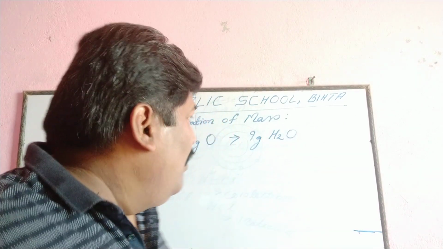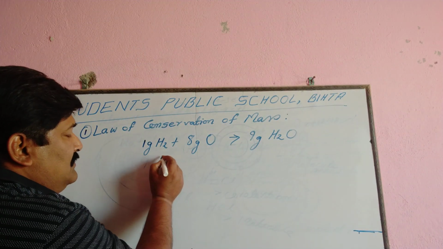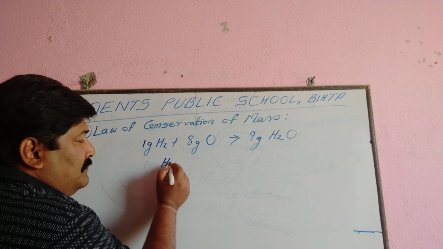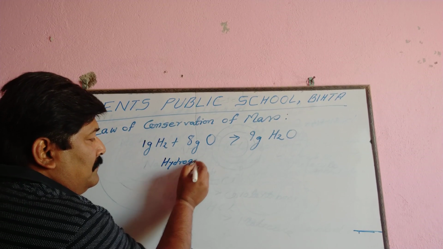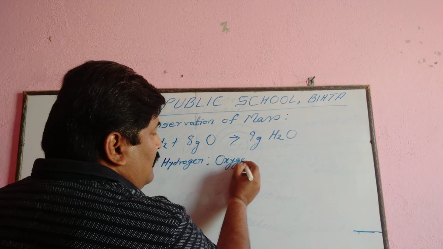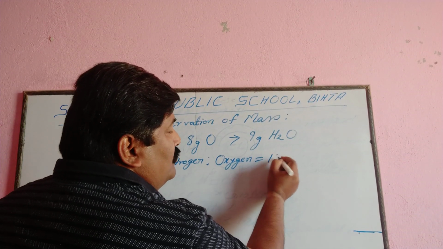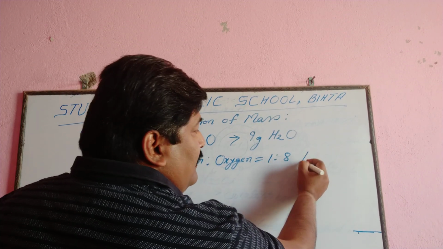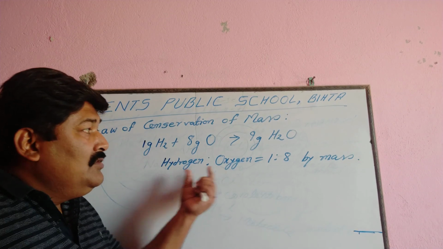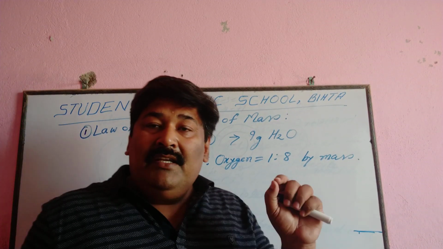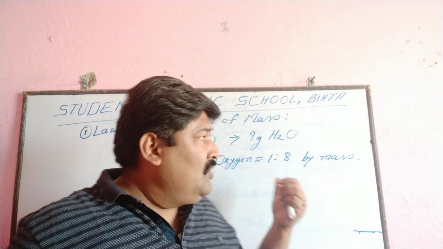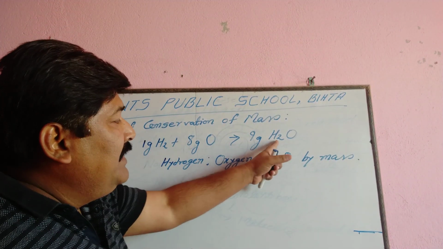That means always the ratio of hydrogen and oxygen will be 1:8 by mass. That means hydrogen and oxygen will combine in a fixed ratio 1:8. Why 1:8? Because it's in H2O.